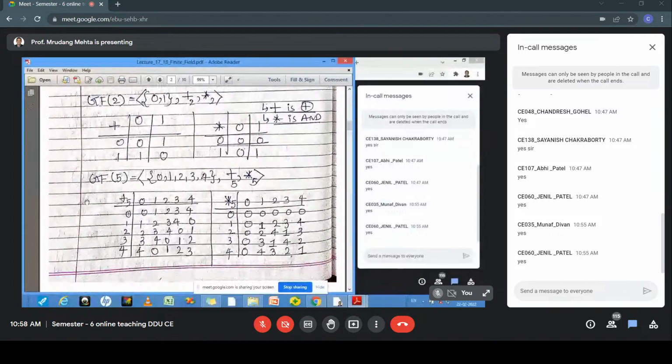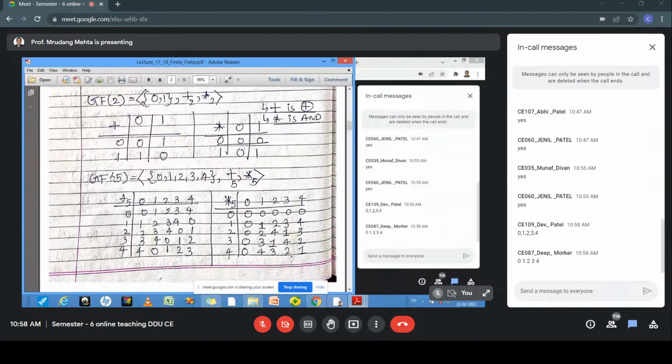Now we take another example of GF(5). GF(5) has how many elements? If we take 5, which elements do we have to take? Yes, please respond. 0, 1, 2, 3, 4.